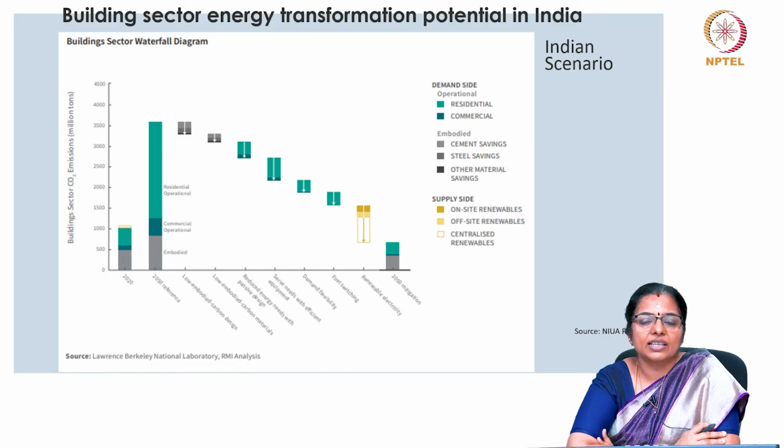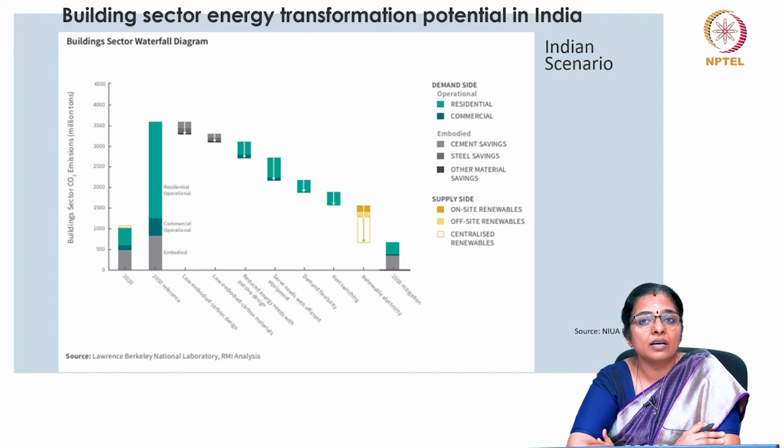Projections suggest that with further enhancement in operational efficiency and concerted efforts towards reducing embodied carbon, the proportion of operational carbon emissions could potentially decrease to approximately 50%. That is a huge difference we can make.